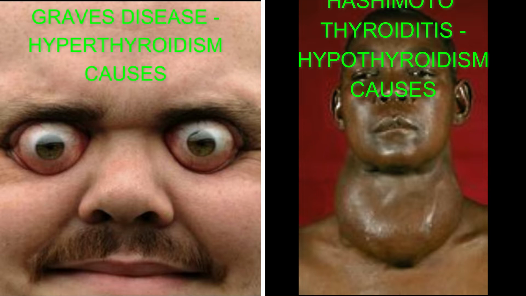Familial, meaning it's inherited. Chronic diseases such as diabetes type 1, pernicious anemia, and adrenal insufficiency. So those are the predispositions for coming down with hyperthyroidism.